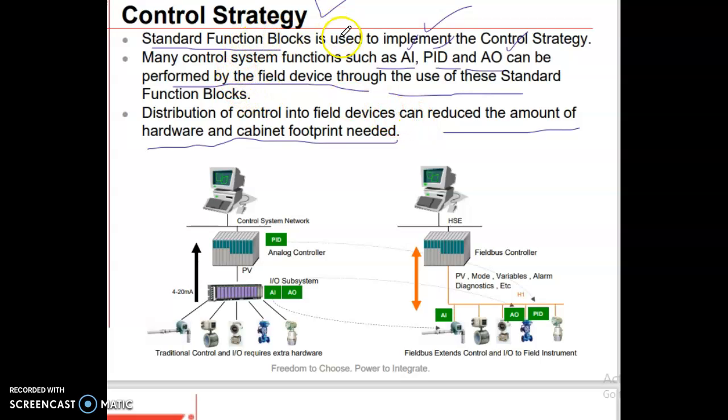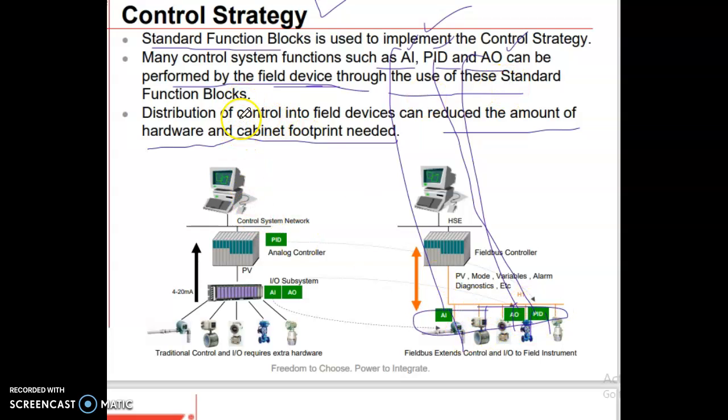Many control system functions such as AI, PID, AO, analog output can be performed by the field device through the use of the standard function blocks.